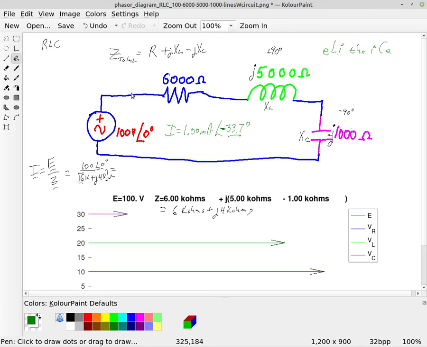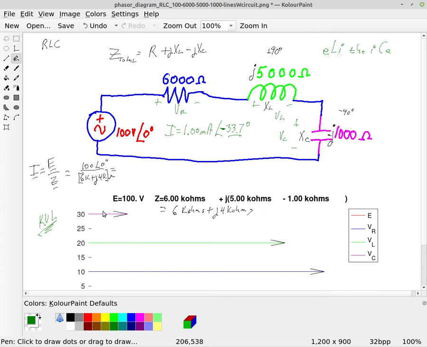So now we can just apply Kirchhoff's voltage law, KVL. We can do KVL and find the voltage of each of these elements: the voltage drop across the resistor, VR, the voltage drop across the inductor, VL, and the voltage drop across the capacitor, VC.